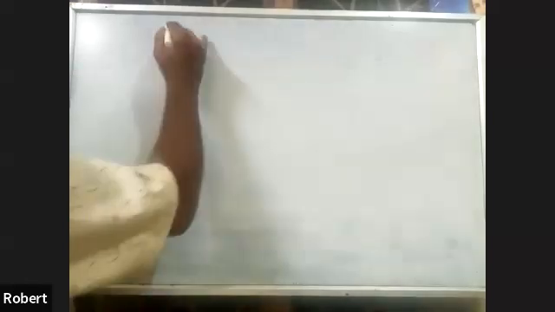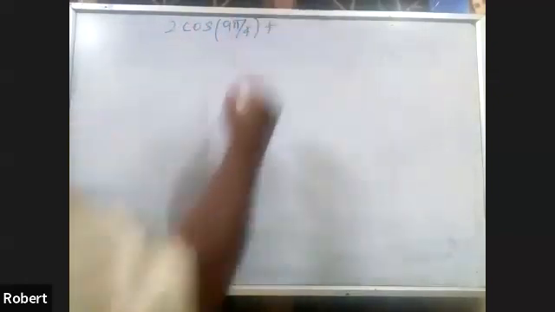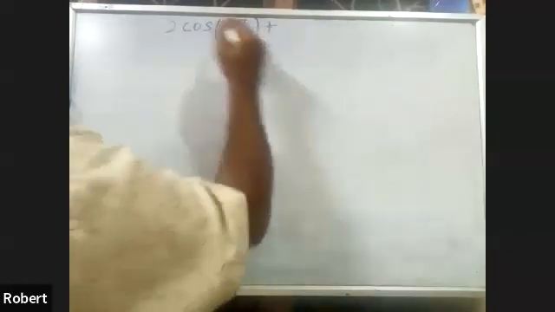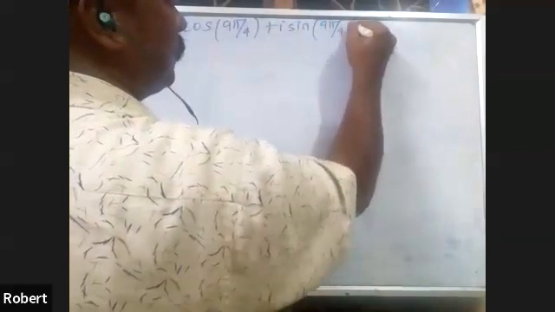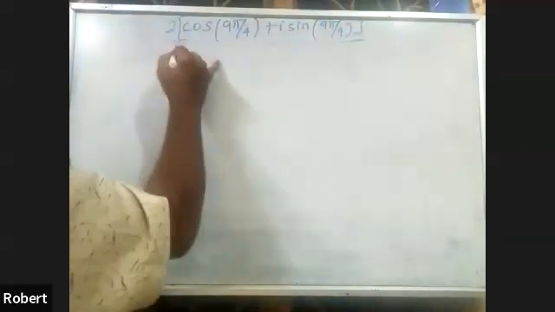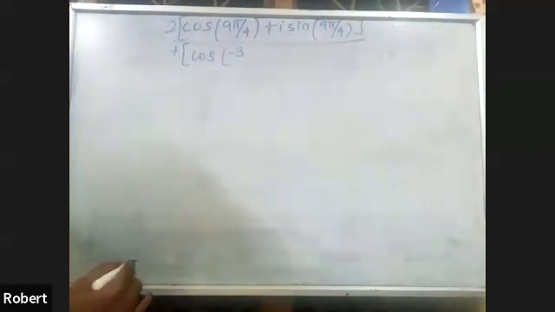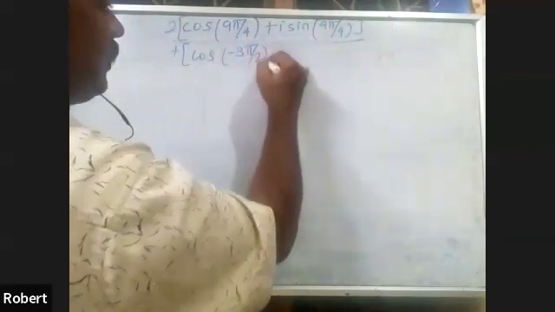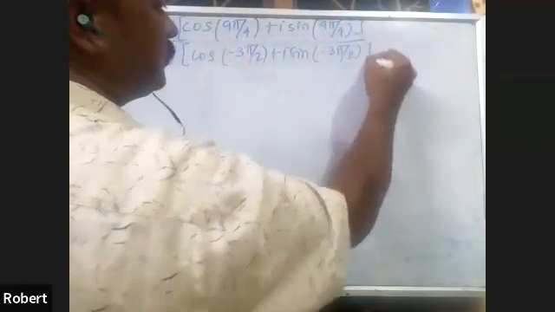It was given that 2 times cos 9 pi by 4 plus I sine 9 pi by 4, whole thing divided by 4 into cos of minus 3 pi by 2 plus I sine of minus 3 pi by 2.